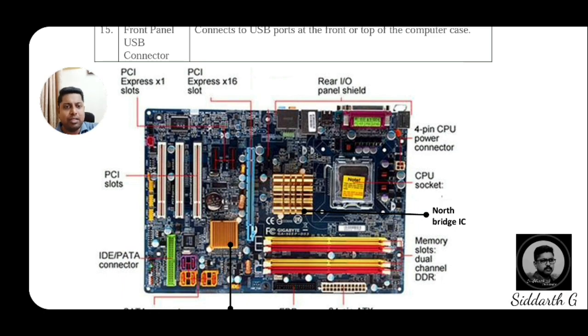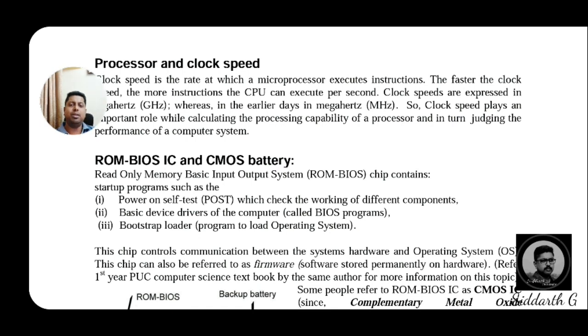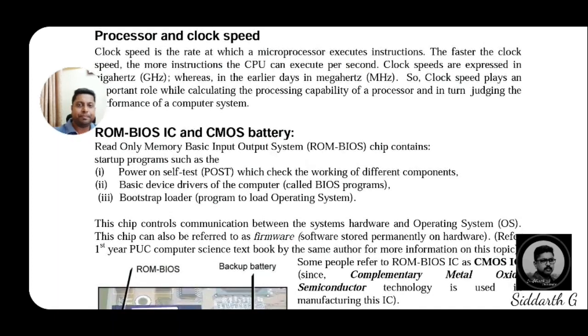Then after this, dear students, now we are going to some deep descriptions about a processor and how the clock speed will be recognized. See, each and every computer has some unique speed. You may get one question: how will we calculate the speed of the computer?